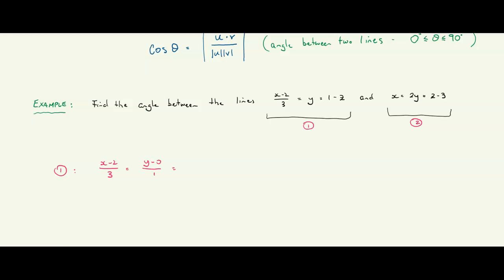So y becomes y minus 0 on 1, and 1 minus z, that's no use to me. I want it as z minus 1, so I'm multiplying numerator and denominator by -1 over -1. So that's my equation 1, and what I can see from that now, that I couldn't see before, is that I've got a direction vector that falls out of my denominators. The direction vector is 3, 1, negative 1.